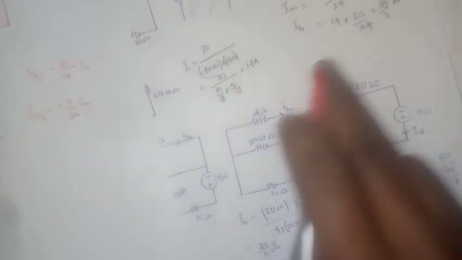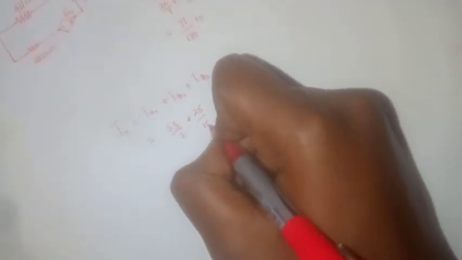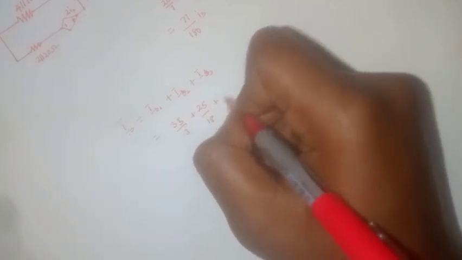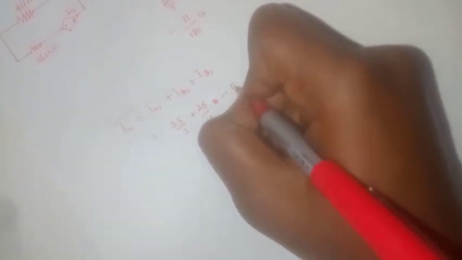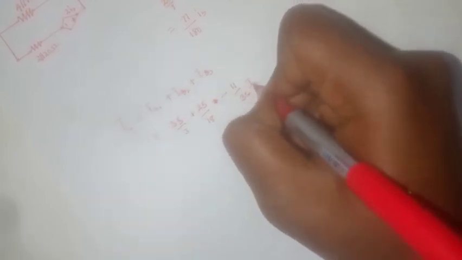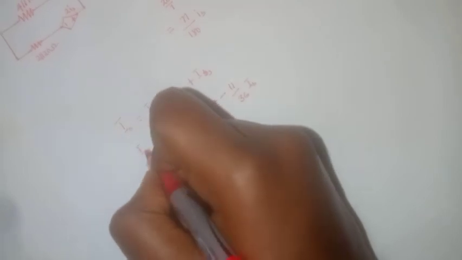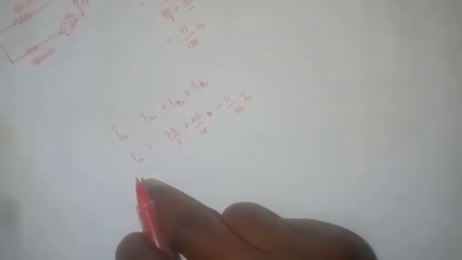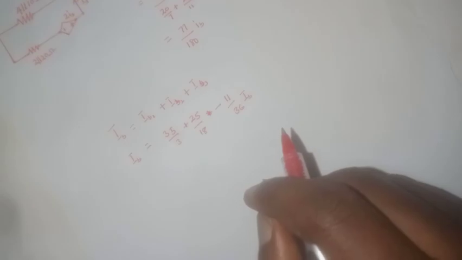As that is the case, we would have 35 over 3 plus 25 over 18 plus minus 11 over 36 IB equals IB. We can bring this over to this side and collect like terms.